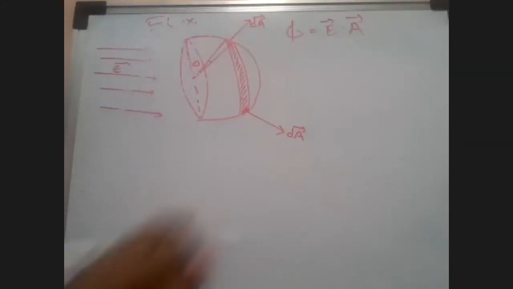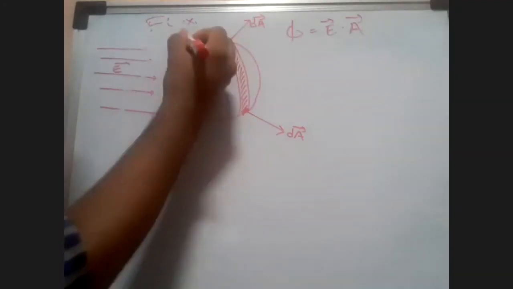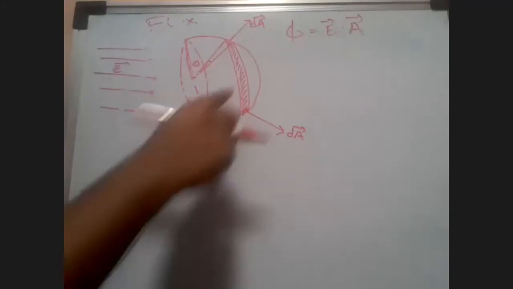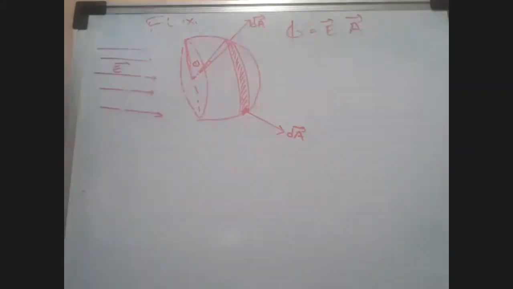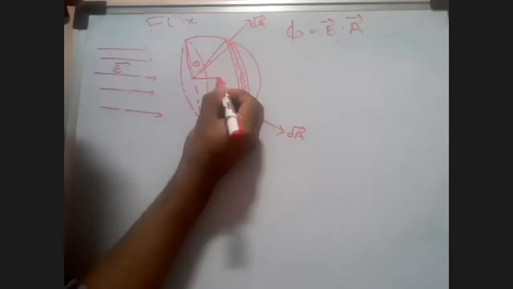Now look at this. The radius of this hemisphere, which is from here to here, is not going to be equal to the radius of this ring. So how will we find out? We will take components. Let's consider this like this.